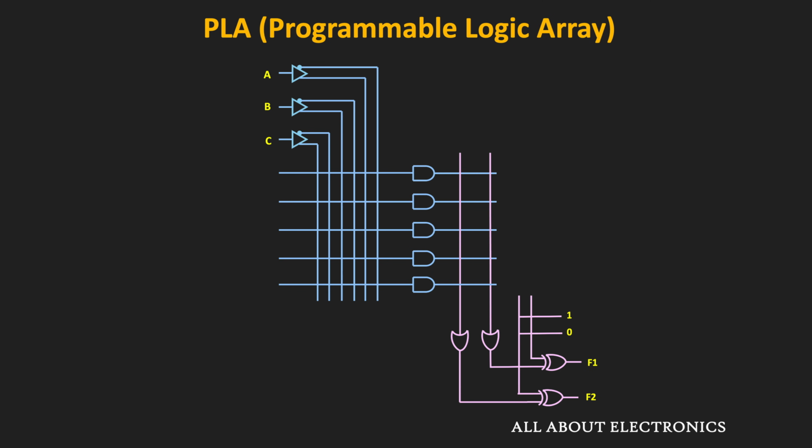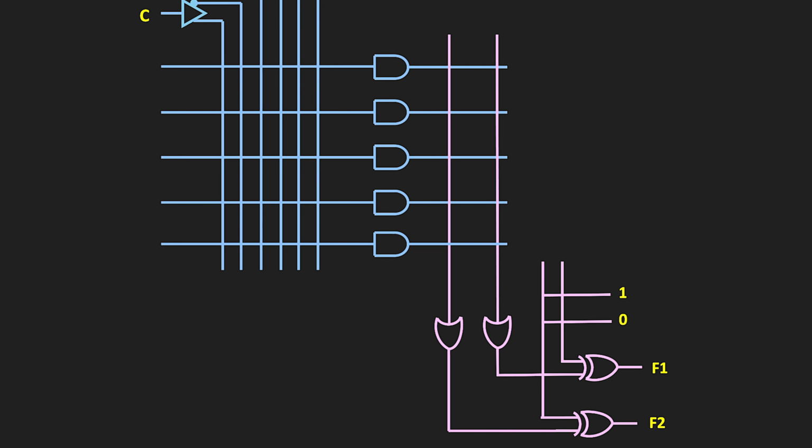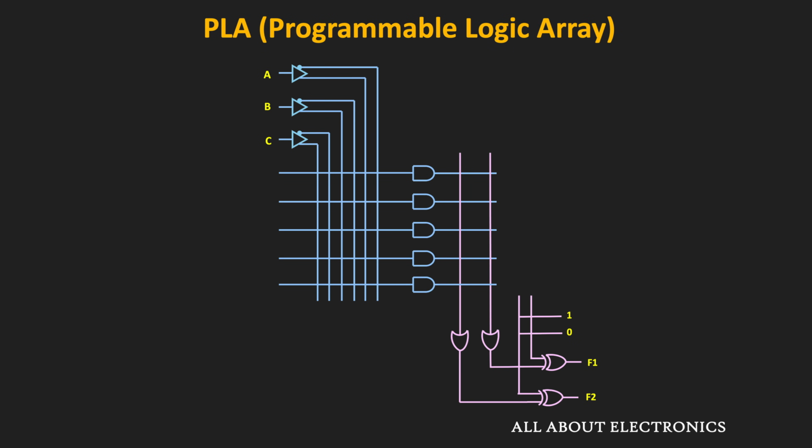Now in many programmable logic arrays, it is possible to generate the output functions either in the true form or the complemented form. In this case, the outputs of the OR gates are connected to the XOR gate, and one of the inputs to the XOR gate is programmable. By programming this input, it is possible to generate either the true output or the complemented output.